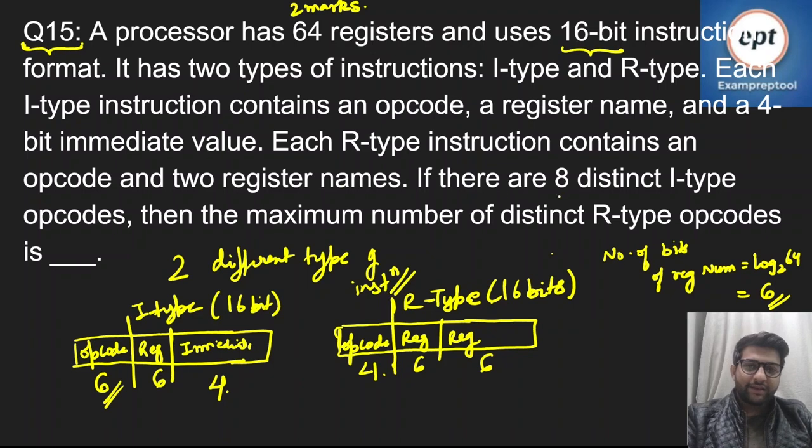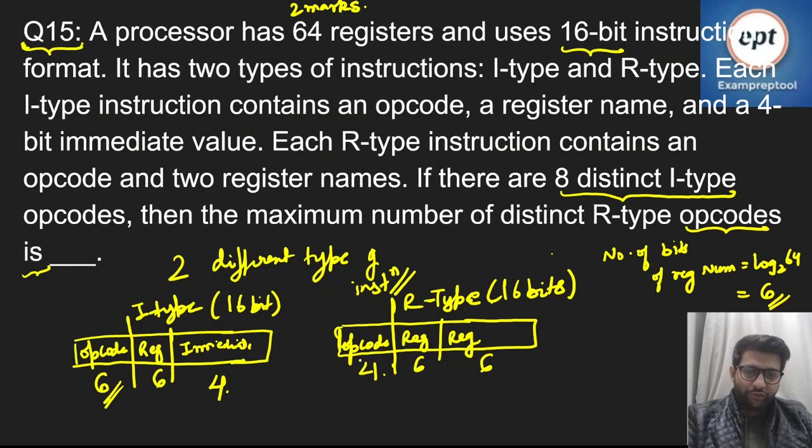Now it is given that there are 8 distinct I type opcodes. So the number of different opcodes of I type is 8. Then we need the maximum number of distinct R type opcodes, right? So what you have to do is start with the opcode of the least length, right? You can use this method to solve even for 3 different types of instruction.